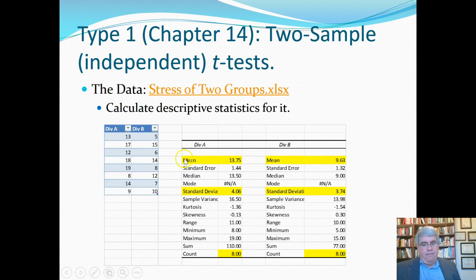And we're going to see that in division A, the mean stress level is 13.75, and in division B, we've got 9.63. So the stress is higher, but is that significant, or is it just what we would expect? We're going to figure out how significant the difference is based on the standard deviations that we have and the sample sizes that we have.